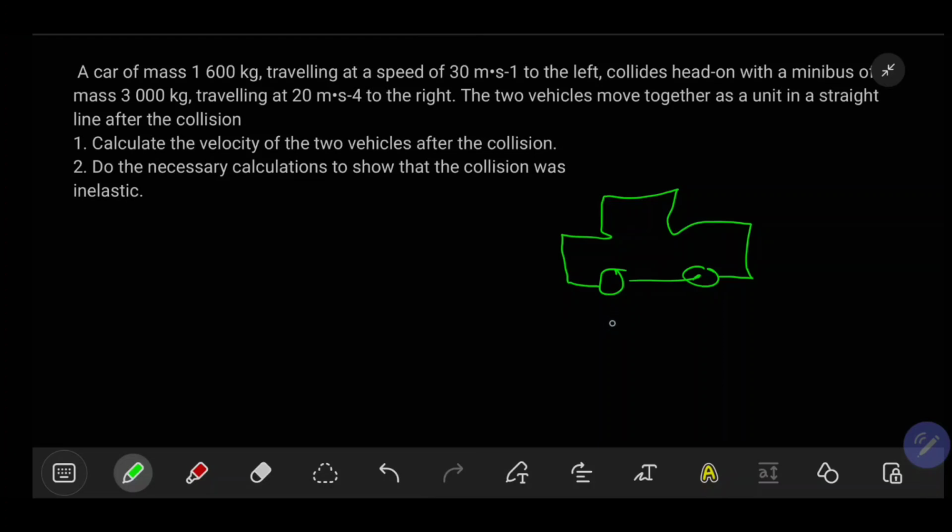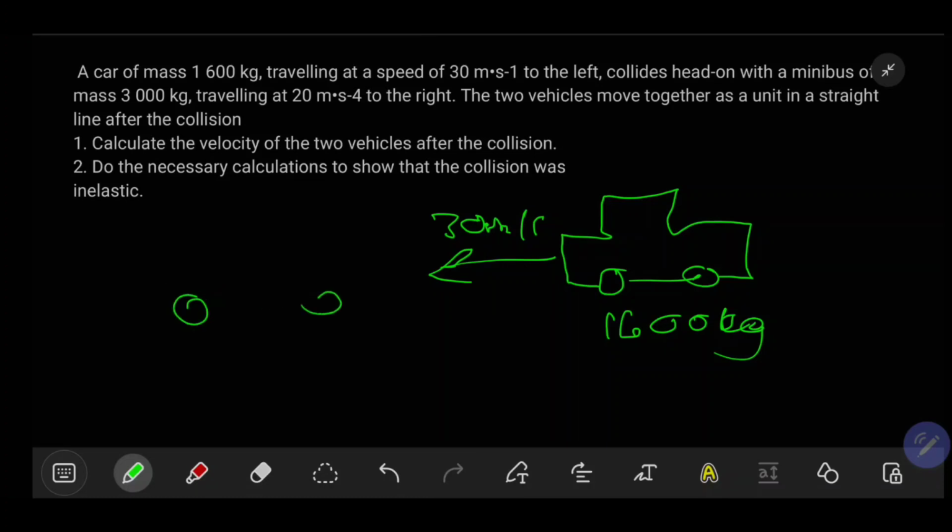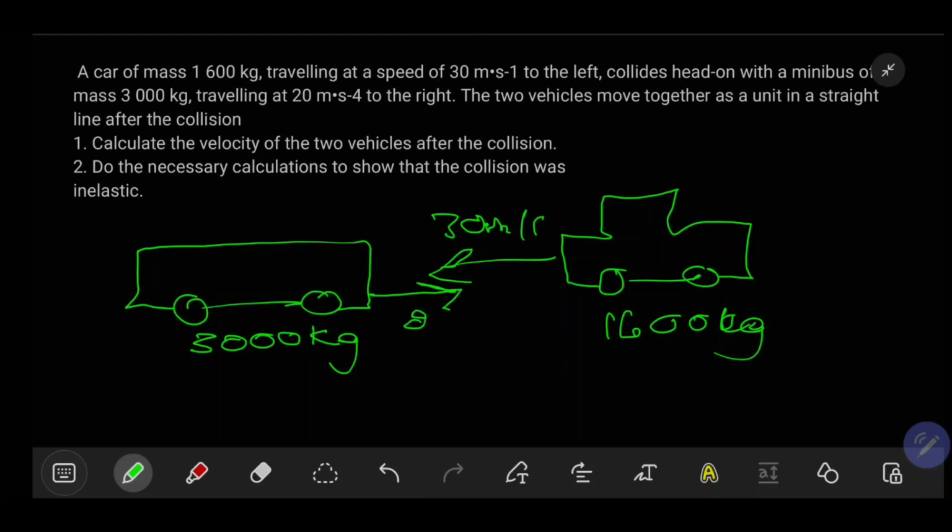It collides head on with a minibus. The minibus has a mass of 30,000 kg and it's traveling at 20 meters per second to the right.